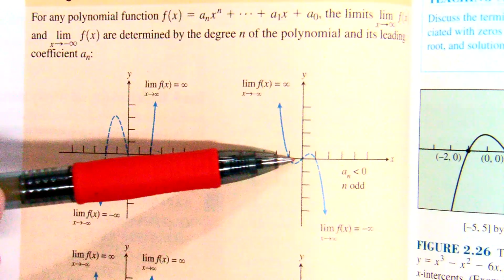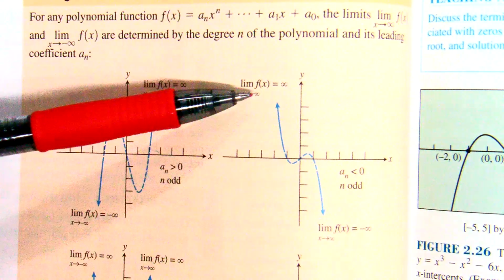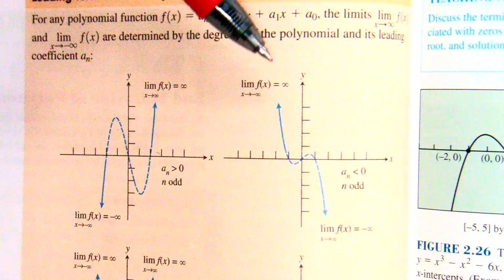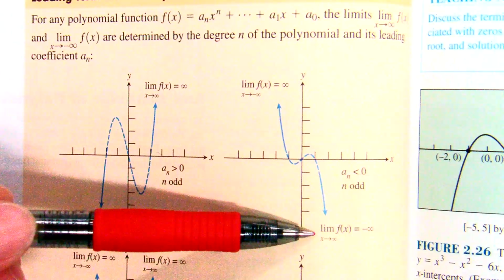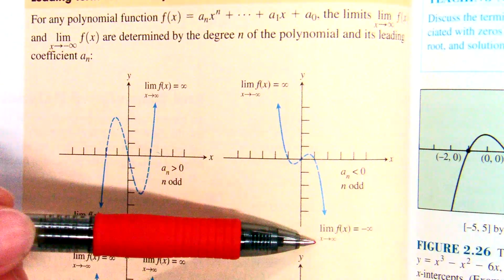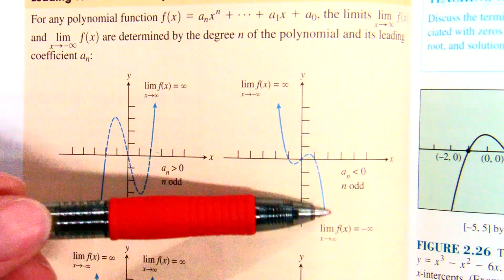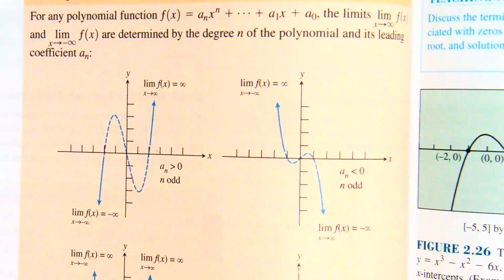As x moves left, so as x approaches negative infinity, where's my graph going? Up. Which is positive infinity. Here, as my x approaches positive infinity, so as I go right, where's my graph going? Down, so it's approaching negative infinity. Are we seeing how this works?